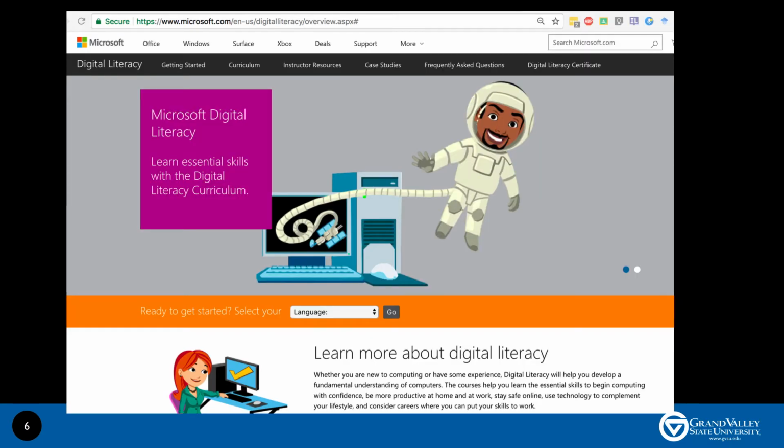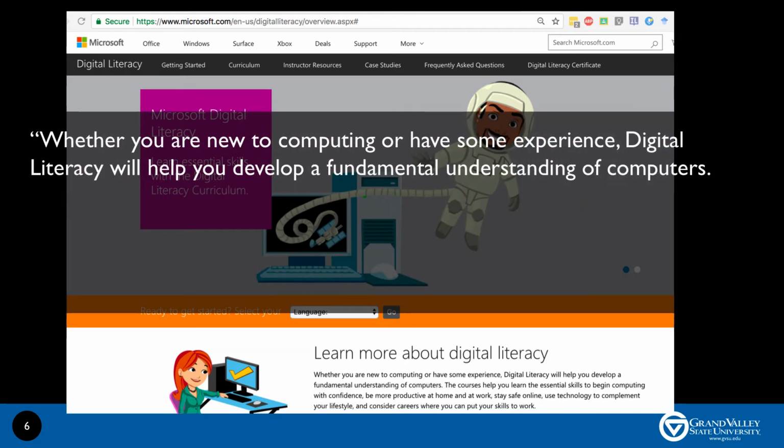Technology giants such as Microsoft understandably focus on the technical aspect of digital literacy. For example, on their digital literacy curriculum, they state, "Whether you are new to computing or have some experience, digital literacy will help you to develop a fundamental understanding of computers."